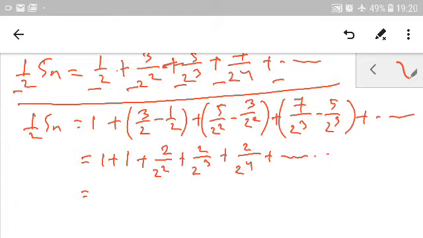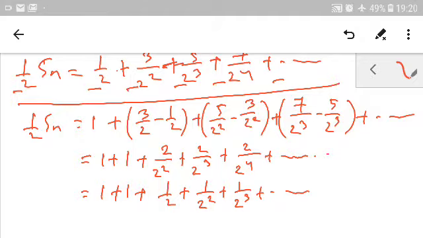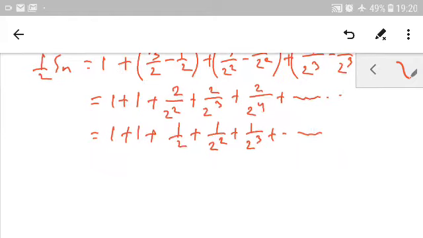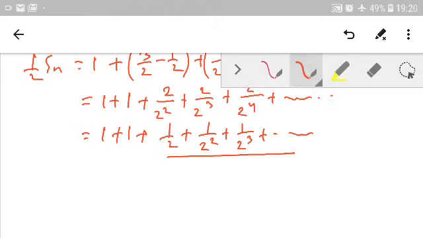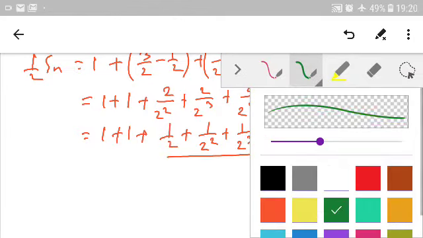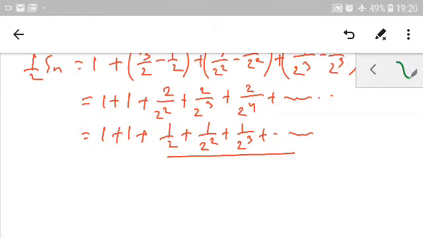So here the first term is 1 plus 1 plus 1 by 2, again 1 by 2 square plus 1 by 2 cube, it will go on like this. Now students, you can see from here to here the terms are becoming a GP. Okay, so it is a GP. Here first term a equals 1 by 2.